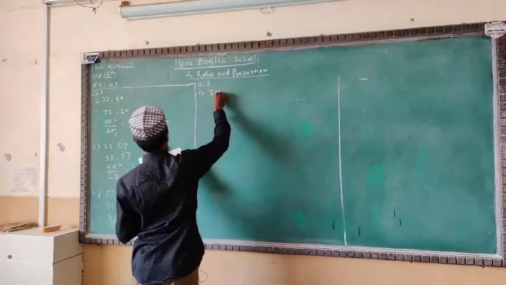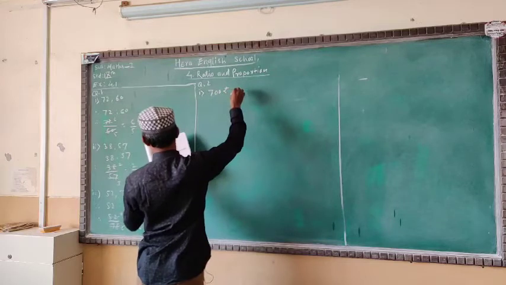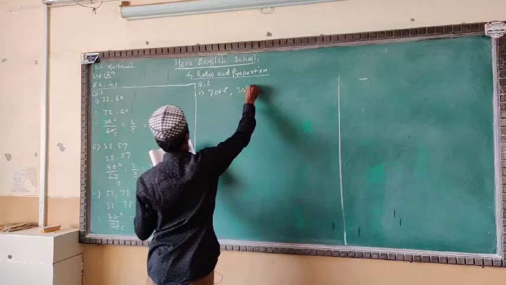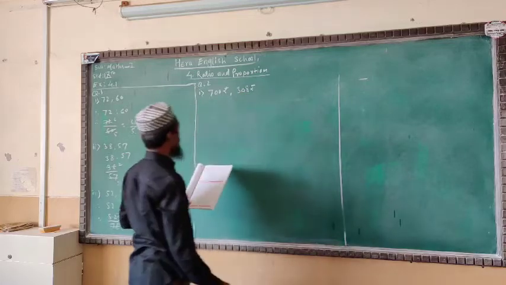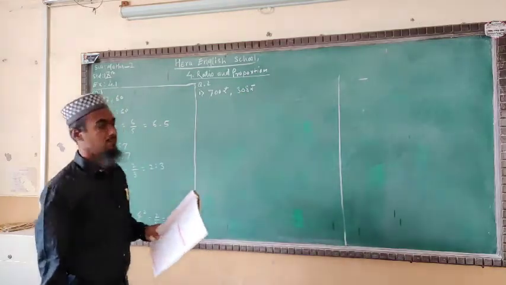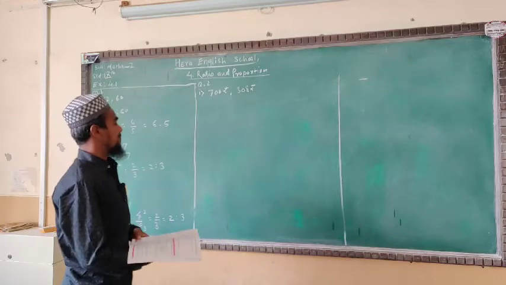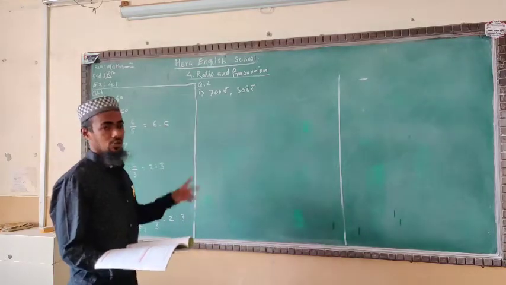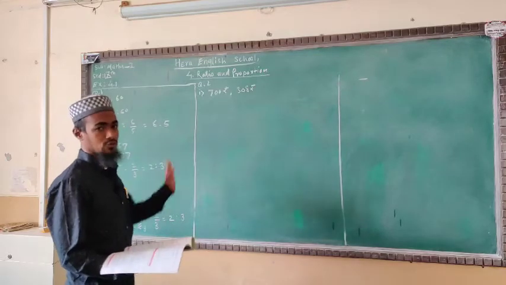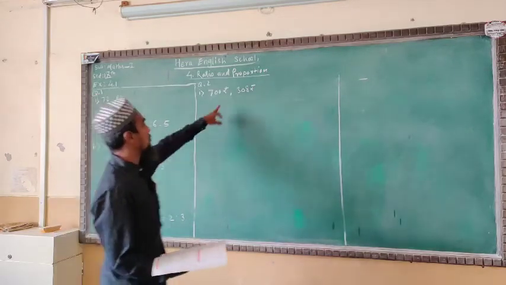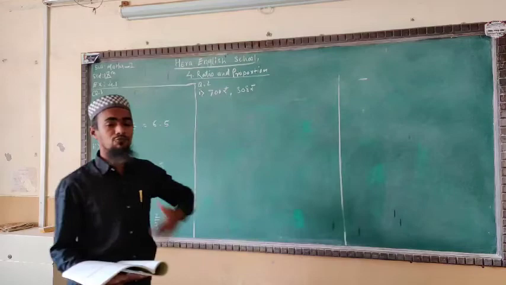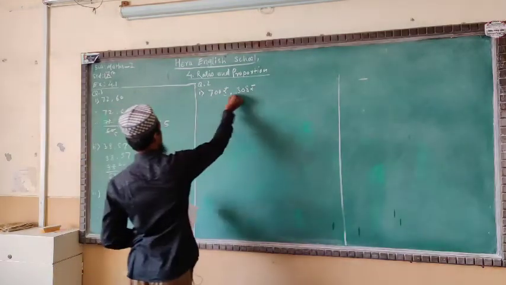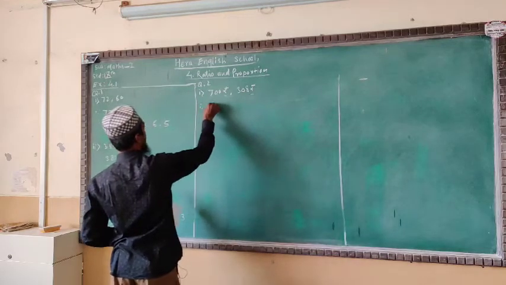First we have 700 rupees, then we have 308 rupees. See very well, both quantities are in rupees. If we are going to form a ratio, reducing the first to the second, we have to see that their units must be the same. If not the same, we have to make them the same first, then we'll solve it. Here both are given in rupees, so we'll take them directly.